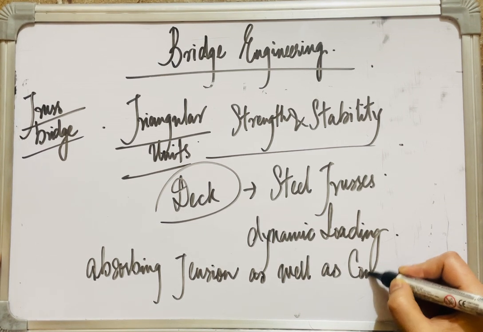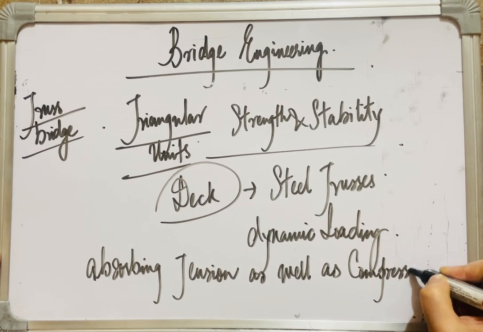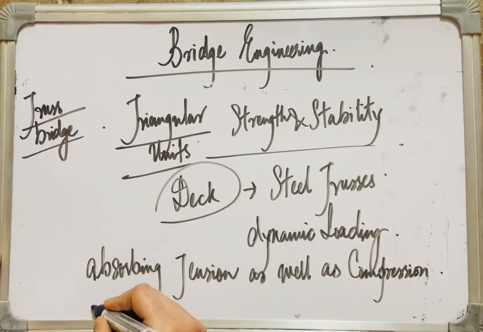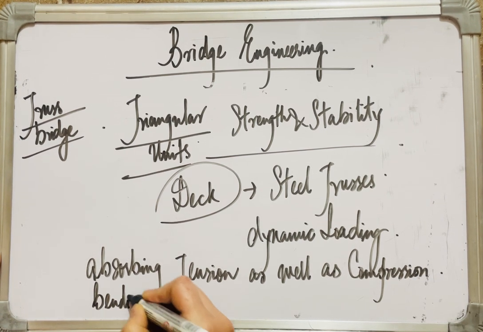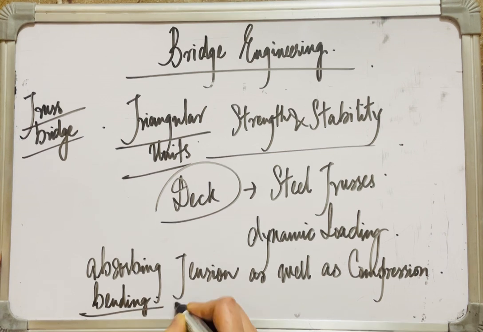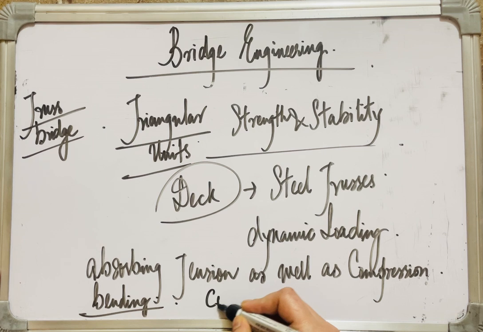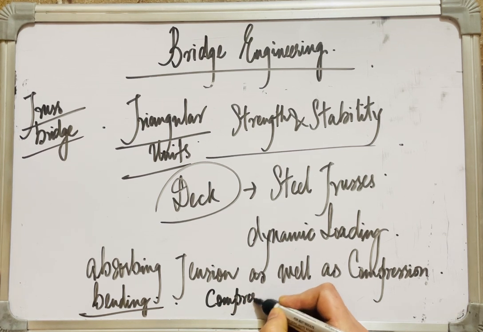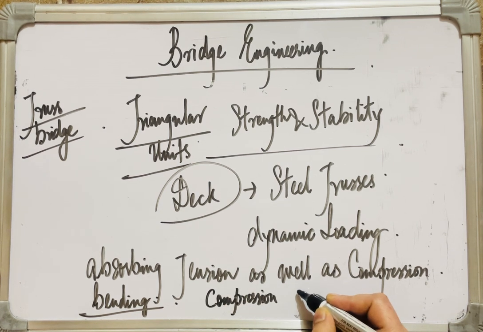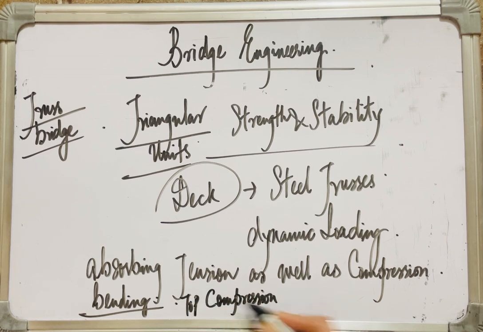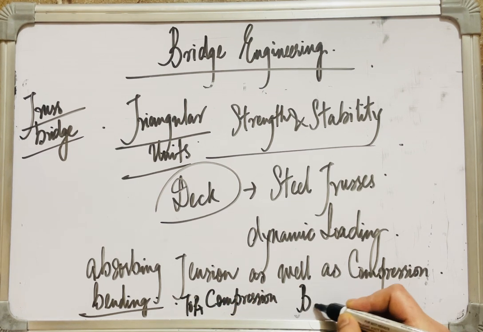And the loads in case of a truss bridge are also carried by flexure or bending. All right, in case of a truss bridge, the top chords are in compression and the bottom chords are in tension.